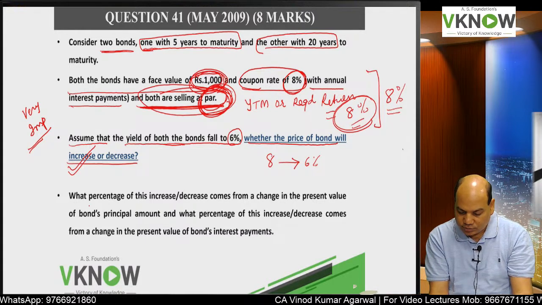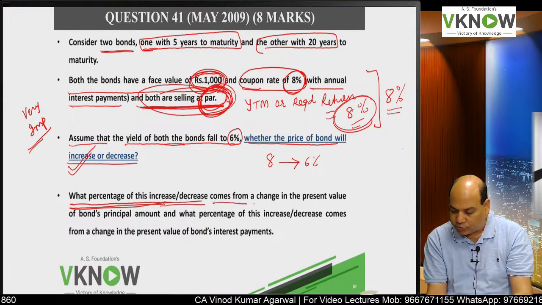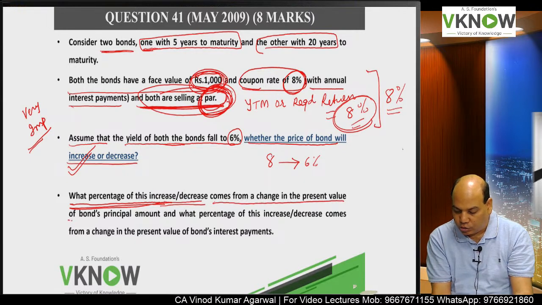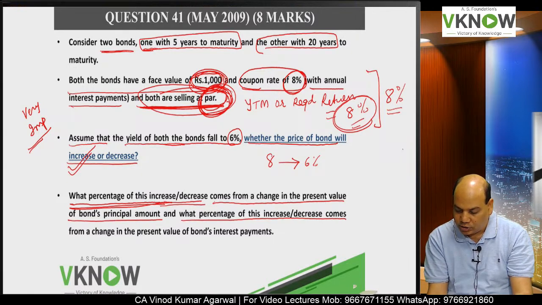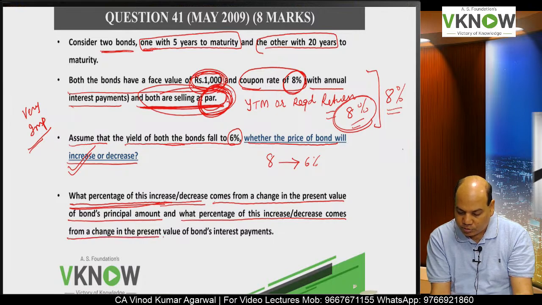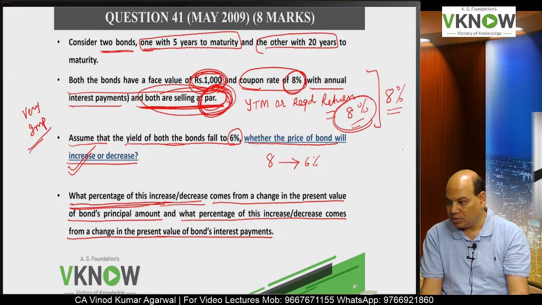Then one more question: what percentage of this increase or decrease comes from a change in the present value of the bond's principal amount, and what percentage comes from a change in the present value of the bond's interest payment?